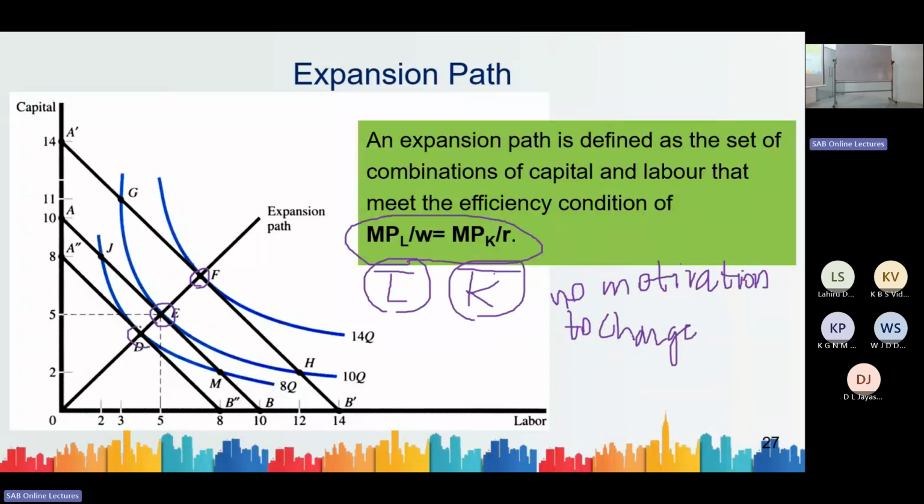So by combining these equilibrium output levels, we can draw a line, and that line is called the expansion path.